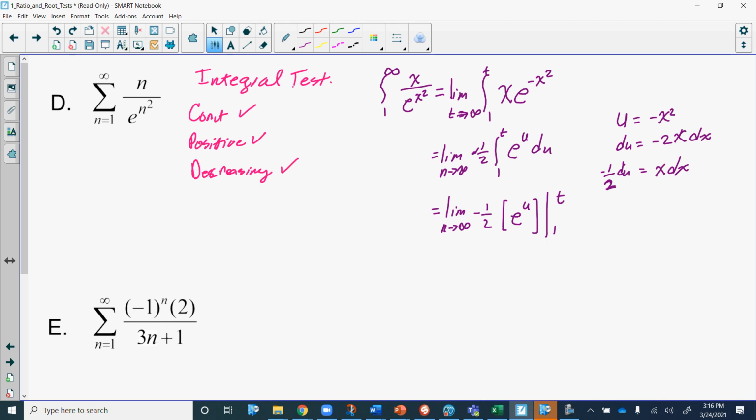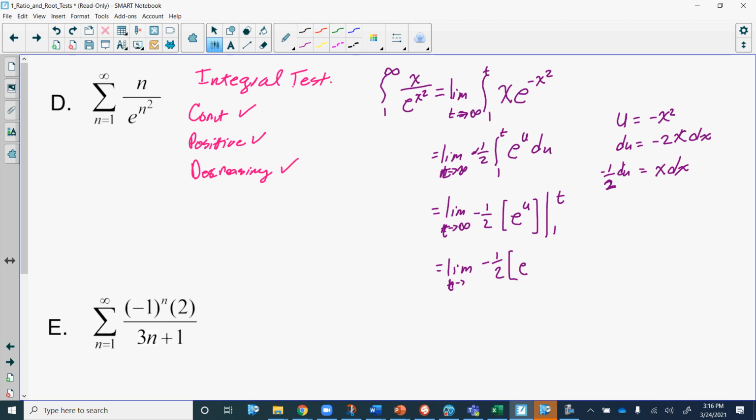And doing my substitution here, we're going to say the limit as t approaches infinity. I keep writing n. I'm so used to writing n for all the different types of tests that we have to do; these should be t's for the variable that I picked. So negative 1/2 times e to the t power.